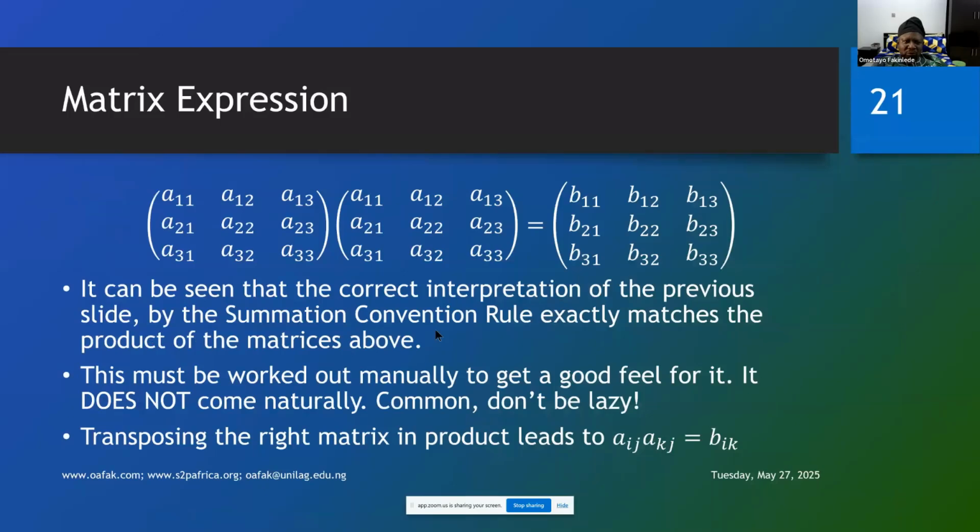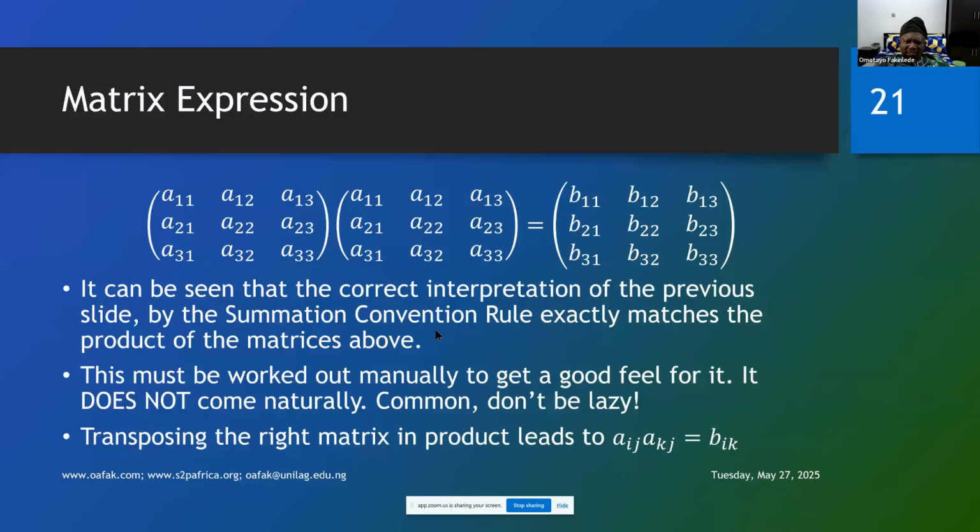Now we have spent 2 minutes, so I will look at your answers when I have the time. But it can be seen that the correct interpretation of the previous slide by the summation convention rule exactly matches the product of the matrices above. This must be worked out manually to get a good feel for it.